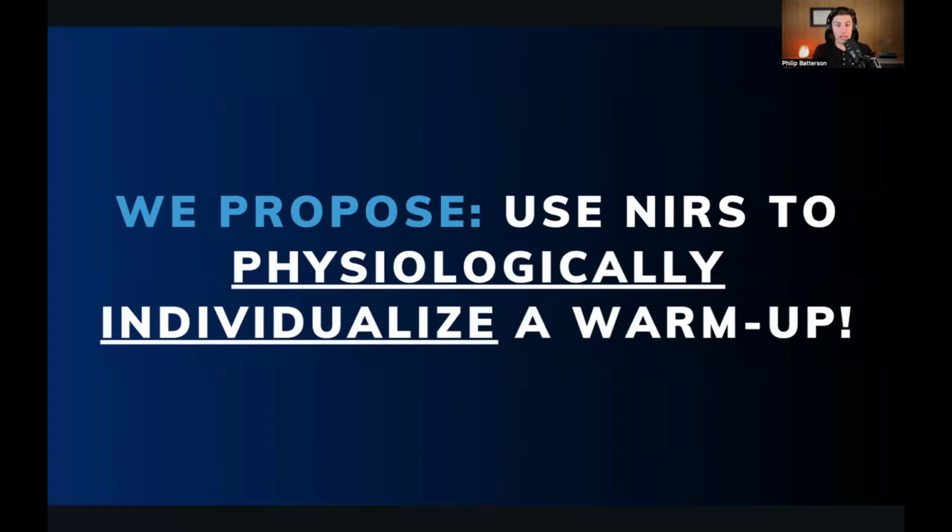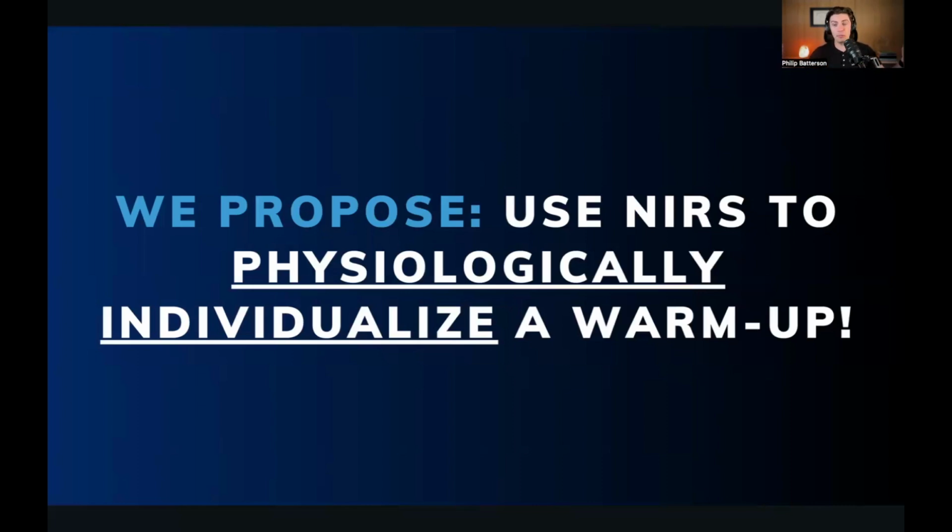So this is also kind of me asking you as researchers to maybe consider starting to try to implement differences in warm-ups. I think I'll talk about this later, but this is a perfect place to have an exercise physiology class do a standard warm-up, your 5 minutes at 55% VO2 max, 5 minutes at 65% VO2 max, and then do a time trial, versus what I'm going to propose in just a few minutes, a NIRS-based warm-up, and then have them do a time trial and see if there's any meaningful differences.